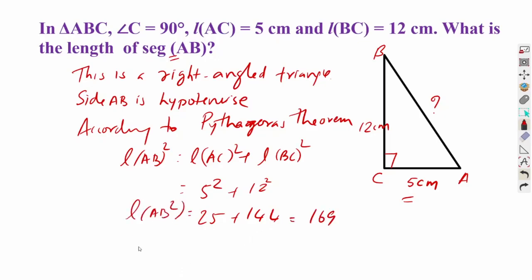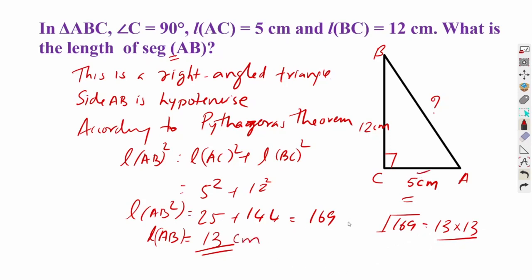We need to get the square root of it, so length of AB is equal to the square root of 169, which is equal to 13. 13 into 13 is 169. That much centimeter because it is given in centimeter. So understood, my dear student, this is the way we solve the problem.